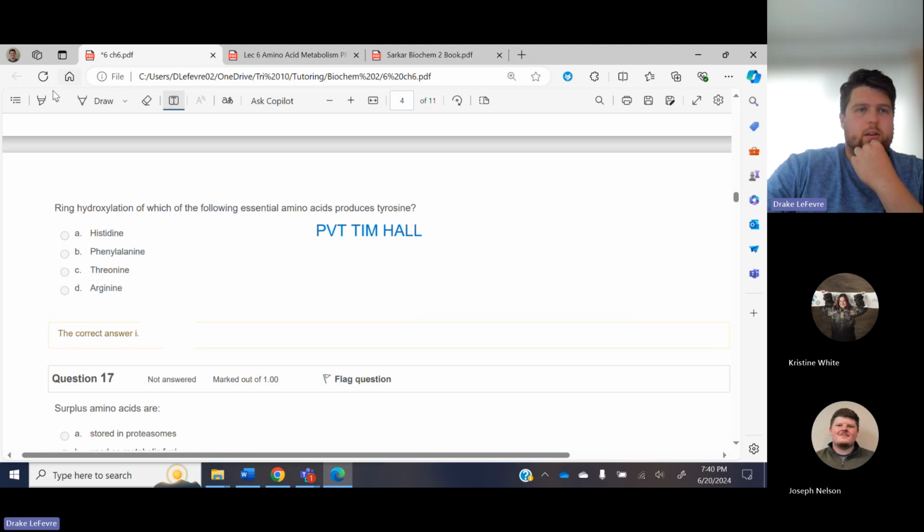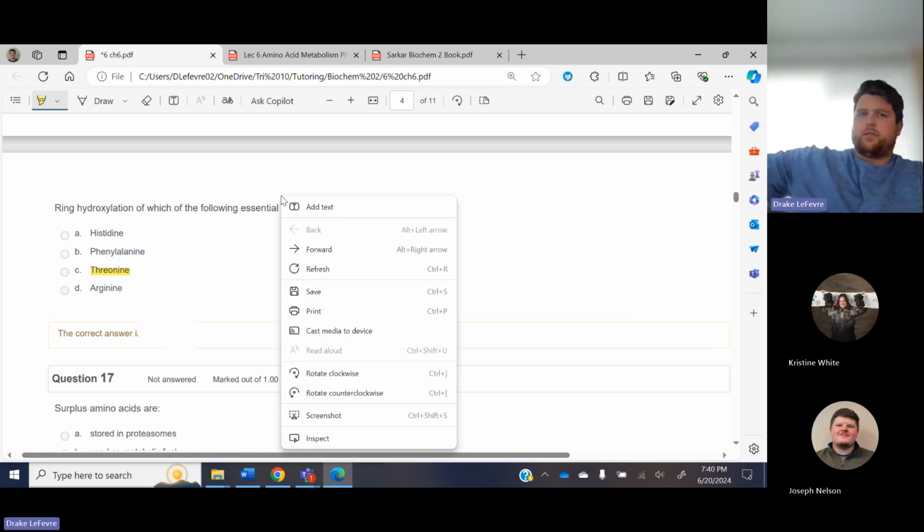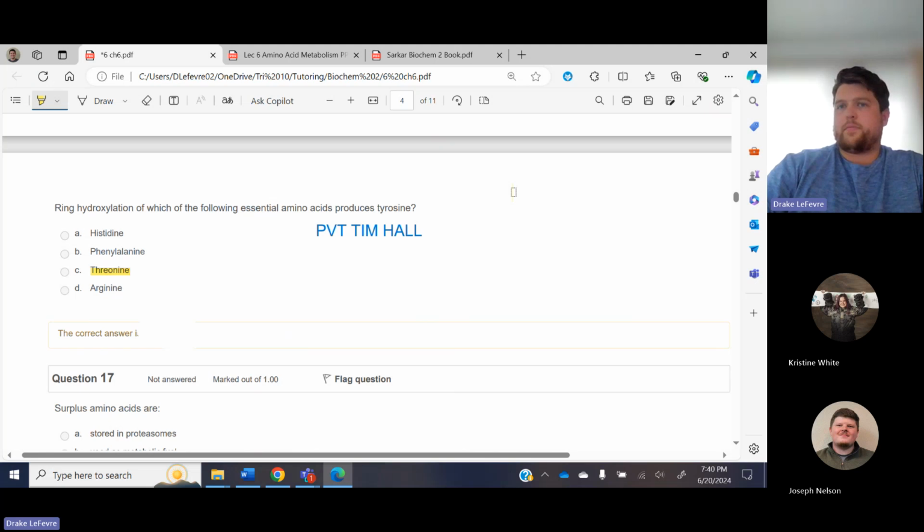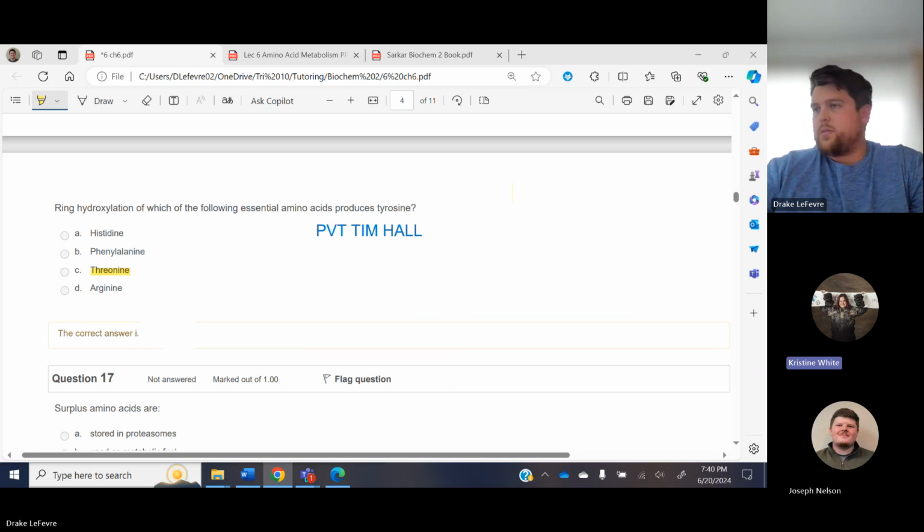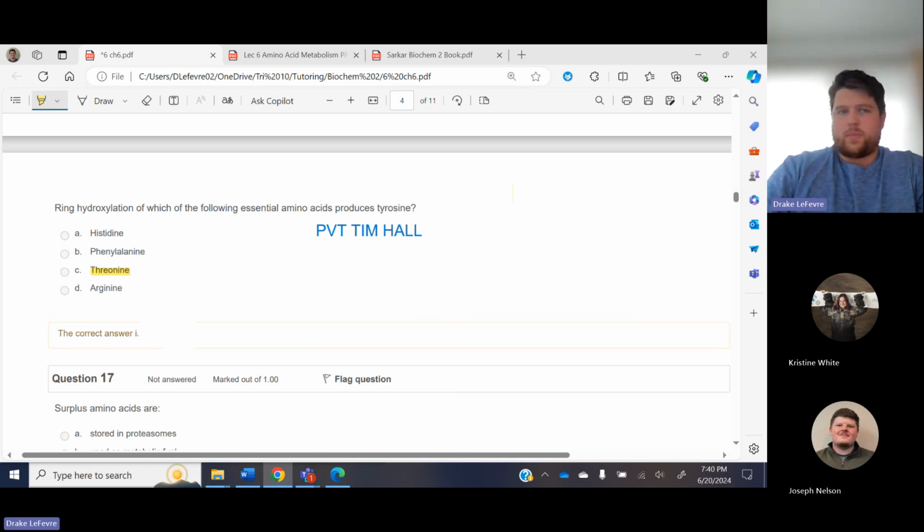Actually, it's phenylalanine that produces tyrosine. Sorry, let me get my mouse to work. There it goes. Let's see if I have the... Okay, this is literally just looking at all of these individual things and putting them into a big chart, like Dr. Sarkar said.